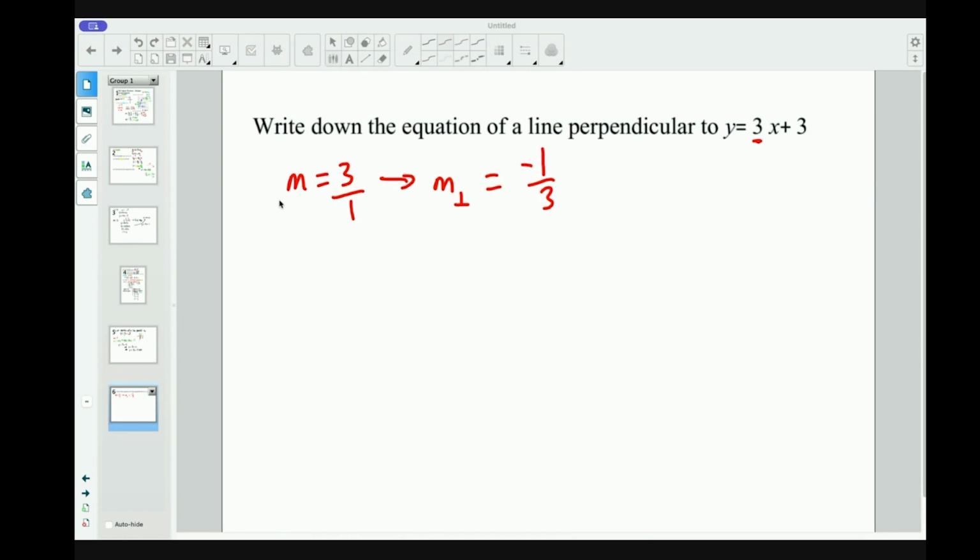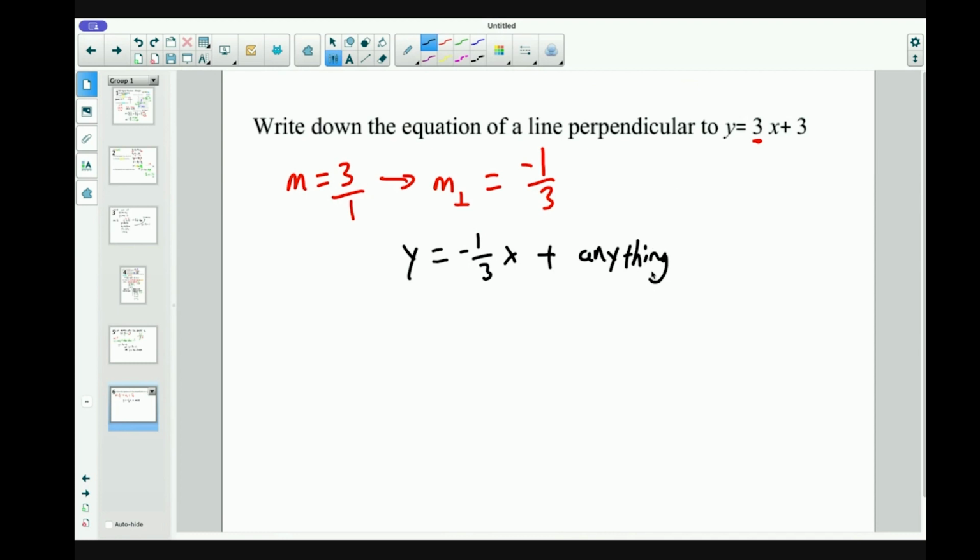So you see how we had to turn that 3 into 3 over 1 first, and then we flip the numerator and denominator. And then since it's positive, we need to make the negative reciprocal negative. Okay? So coming up with the rest of the equation, it doesn't really matter what our y-intercept is. So we could have y is equal to negative 1/3 x plus anything.